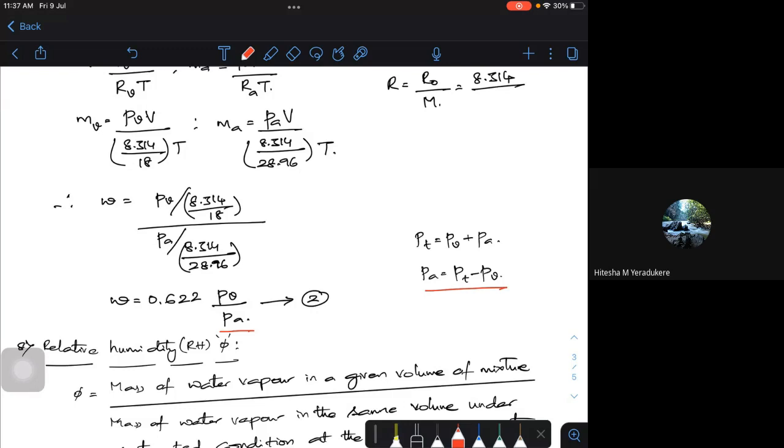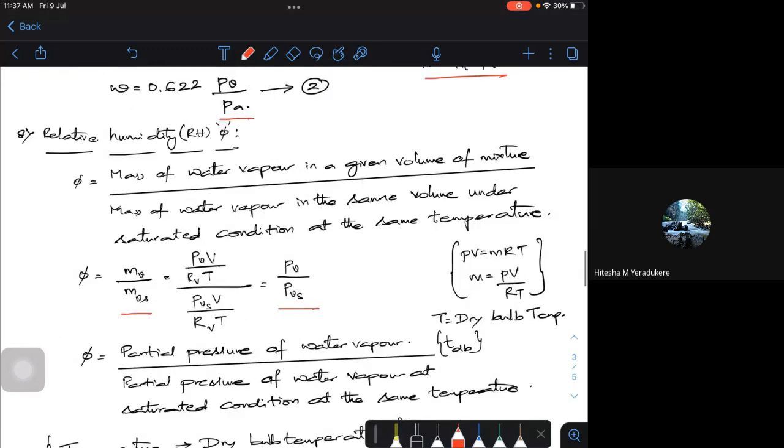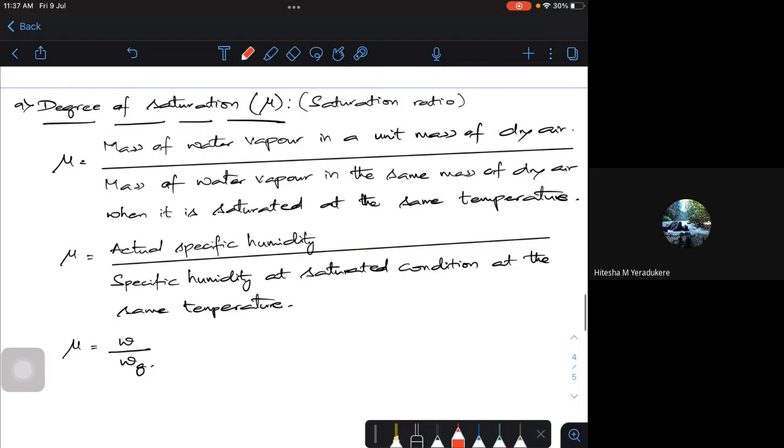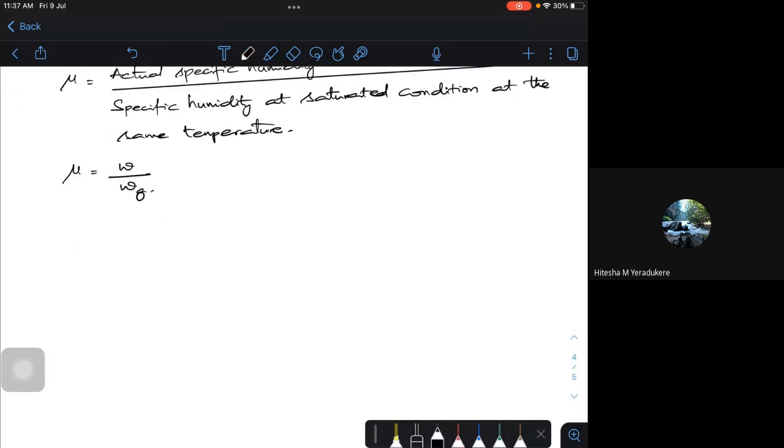So that's all I'm going to do. So I'm going to write this actually. I'll just come over here and try to write it here. So this is equal to 0.622 into PV by PT minus PV, under any given condition, divided by 0.622 PVS under saturation condition divided by P total minus PVS under saturation condition.